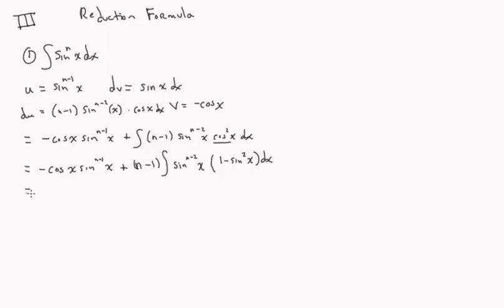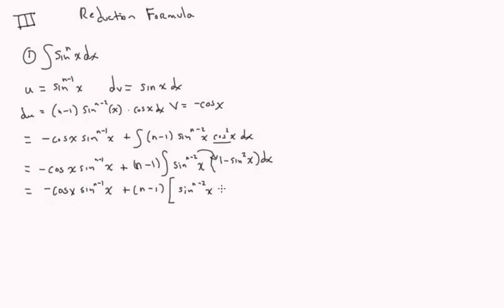Okay, moving along. So this is going to be negative cosine x sine n minus 1 power of x plus n minus 1. Now I'm going to multiply that over, a distributive property, so this is going to be sine n minus 2 power of x, so that distributes here.